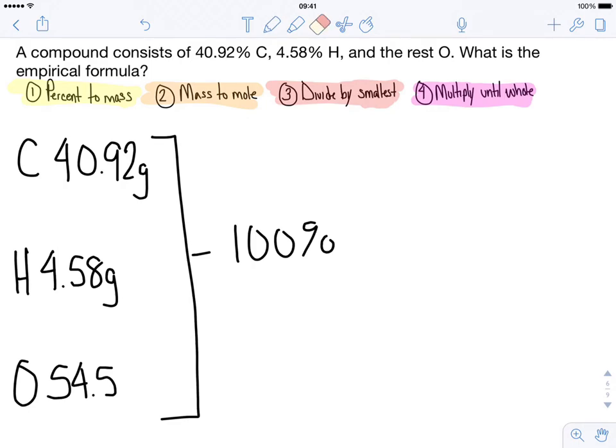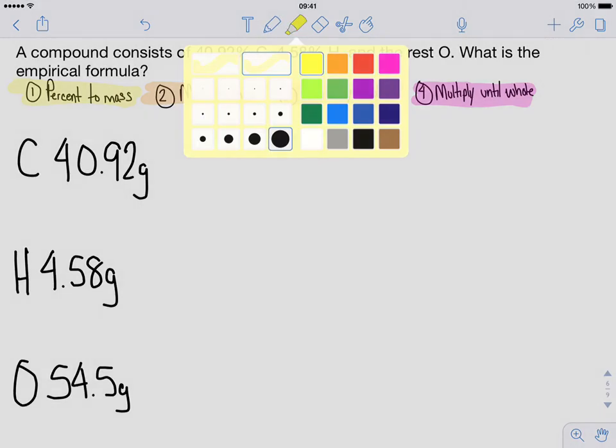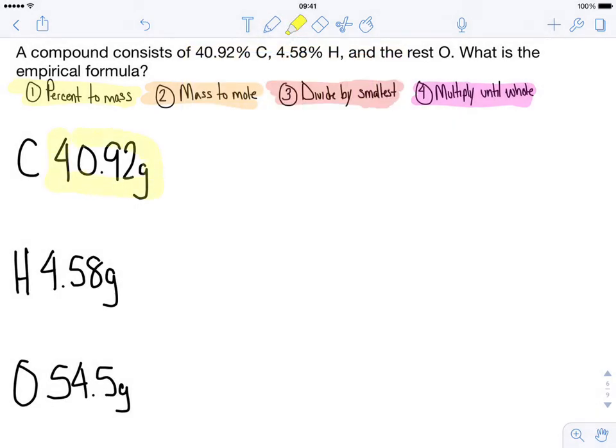And so that is the mass of oxygen in this compound. So you might be asked a question like that, where you're given the masses of everything but one, and you have to figure that last one out. So just know that the compound as a whole needs to equal 100%, and to find that missing element, you just subtract whatever you're given from 100. Okay, so this is step 1, changing our percentages to masses.